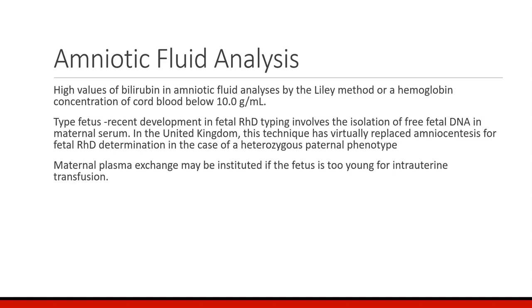So like I told you, if you type the father, and this is why you must know Rh phenotyping, the results and interpretations, because if he's an R1r, again, the chances of him having a D-negative child are 50%. So again, utilizing fetal DNA in the maternal circulation has really eliminated a lot of the amniocentesis procedures. But it's not universal yet, so we still need to teach you about this.